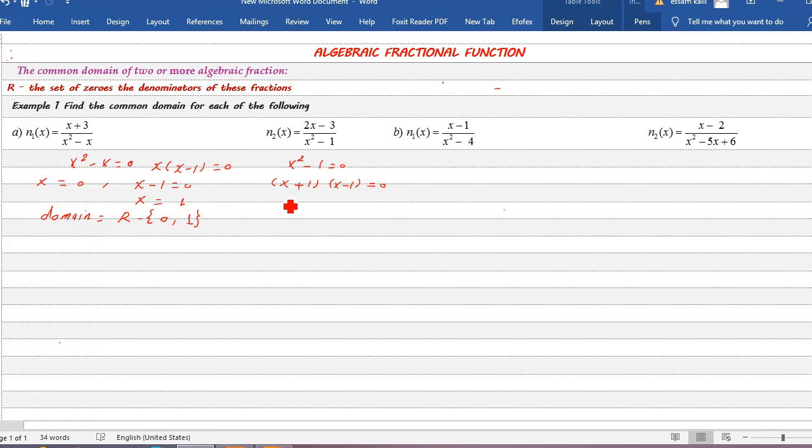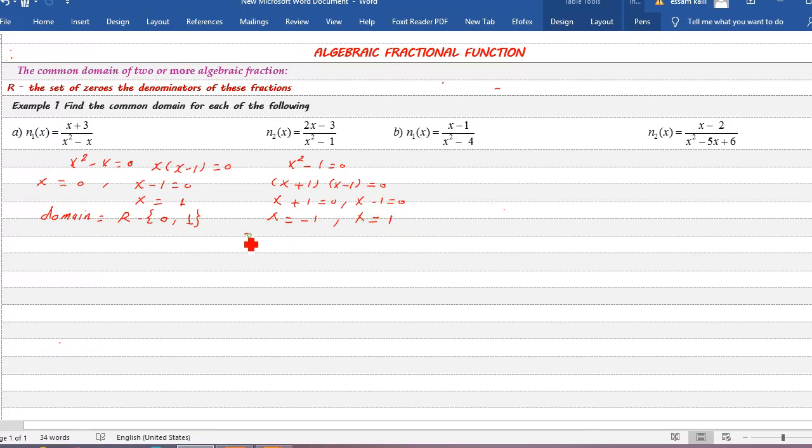If the two brackets' product equals 0, then the first equals 0 and the second equals 0. Then x plus 1 equals 0 and x minus 1 equals 0. Move the 1 to the other side and it becomes -1, and move -1 to the other side and it becomes 1.